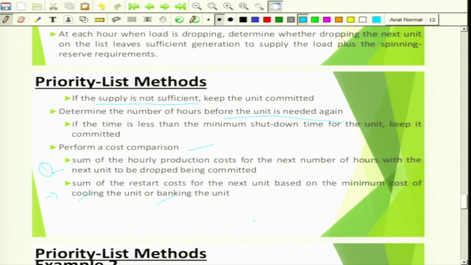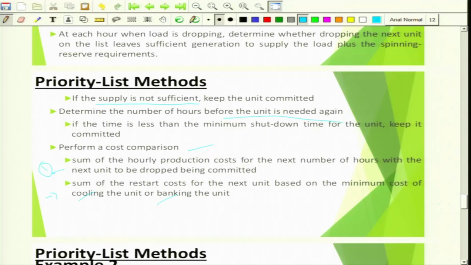There are two approaches: either you totally turn it off or you continue operating in a neutral state, you are not feeding the load. The first condition is you are feeding the load also. Banking means the generator is on in the system but it is not feeding the load. Cooling means the generator is totally off and, of course, not feeding the load. So among the three, you see which is the most economical one. First you see the technical constraints, and then this is a cost comparison.